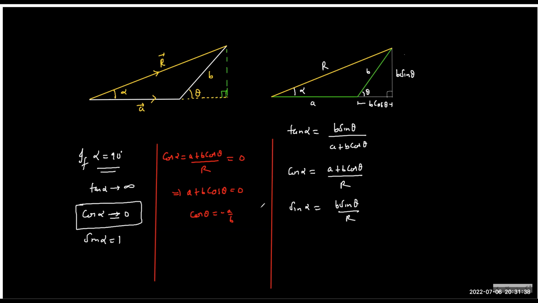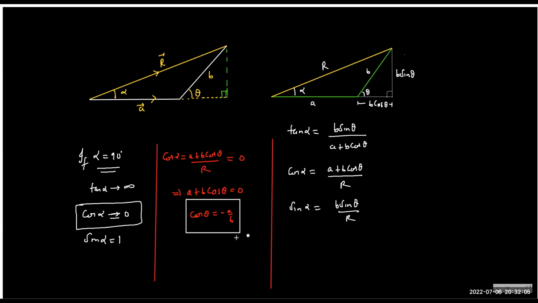This is the complete mathematical way of doing it. I'm not thinking graph, I'm not drawing a random graph to derive the formula. From there I come to the conclusion that, given alpha is 90, this is the only possible relation between angle and vectors.